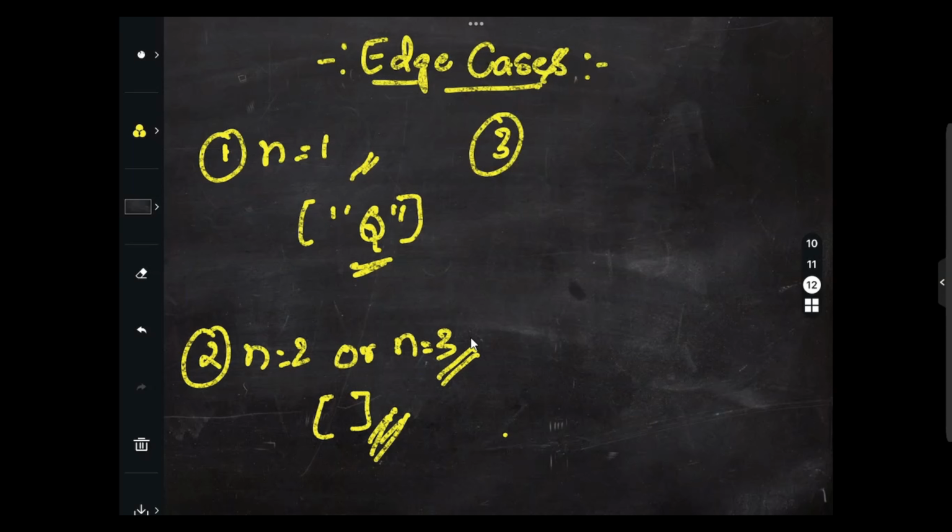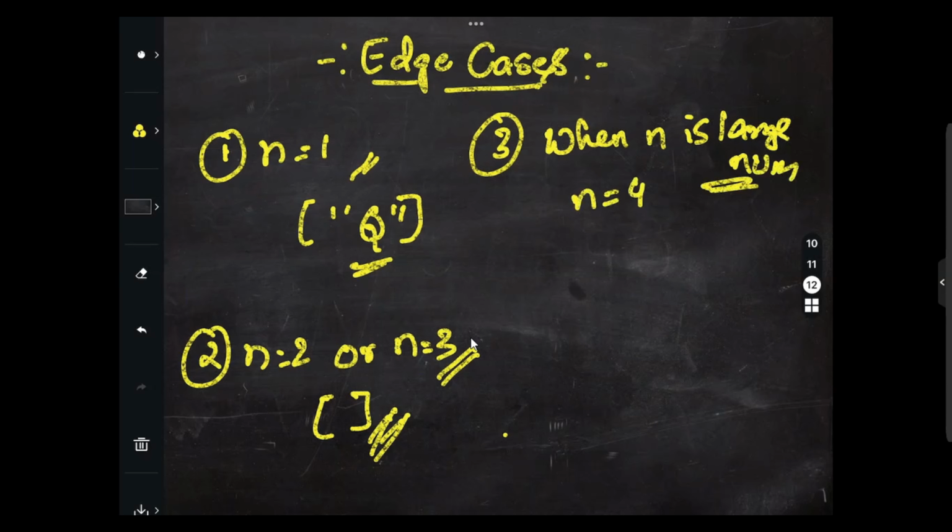So let's go with the third edge case, for when n is large. We can consider n equals 5, n equals 4, n equals 9, anything. In my case, I'll consider n equals 4.